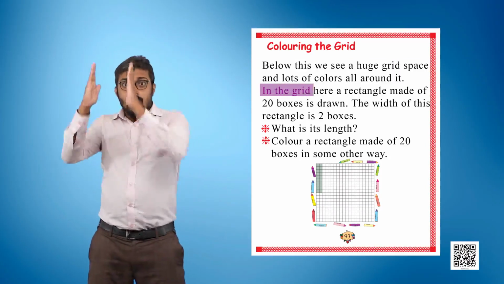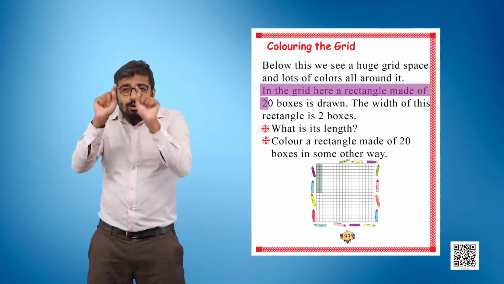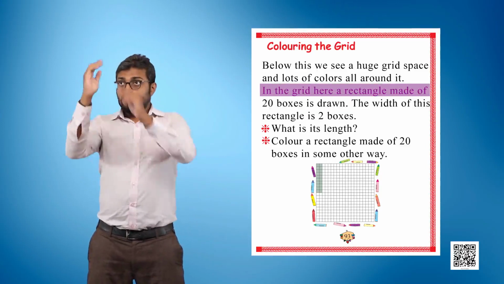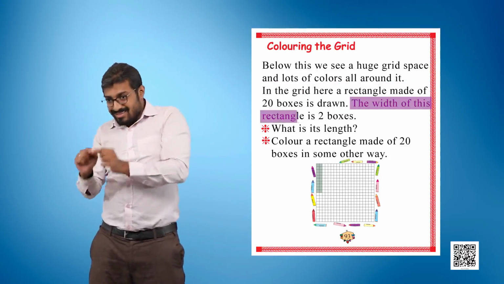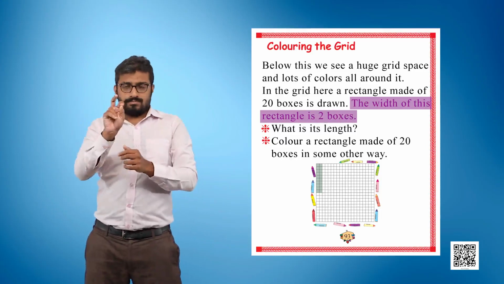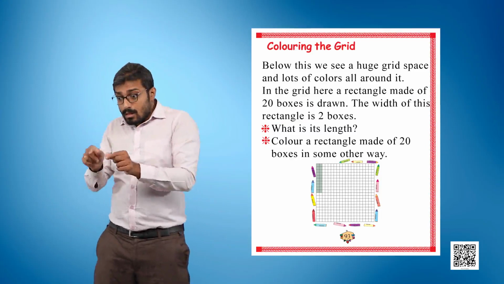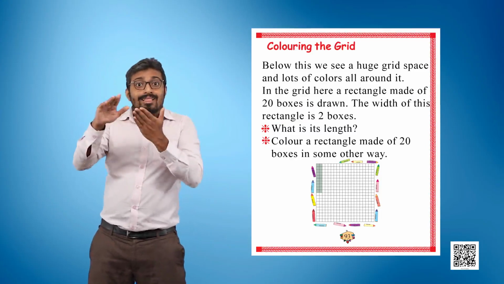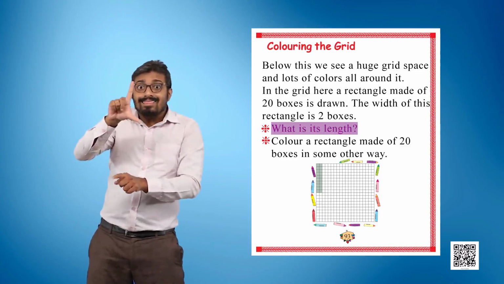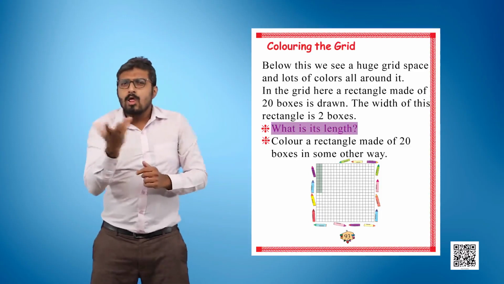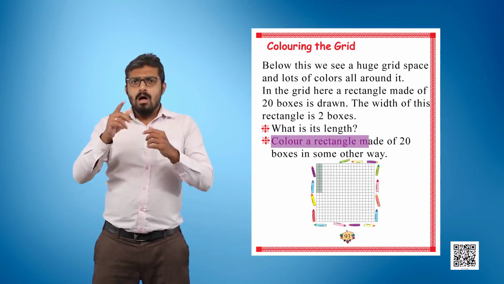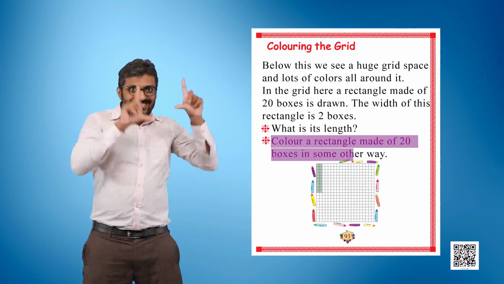In the grid here, a rectangle made of 20 boxes is drawn. The width of this rectangle is 2 boxes. What is its length? Color a rectangle made of 20 boxes in some other way.